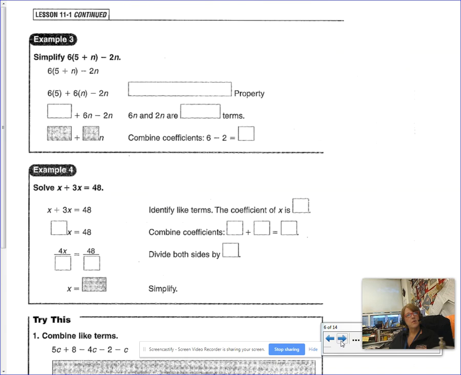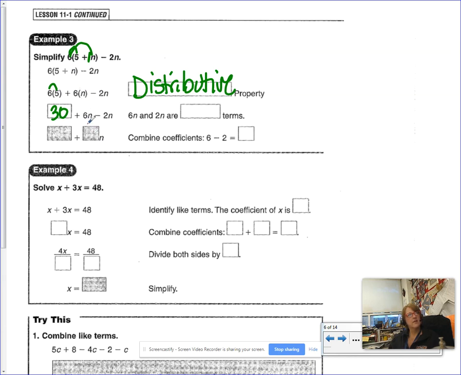Now, when we start thinking about distributive property and simplifying, here's what we have to do. Take 6 times the 5. They show you that right there. So that's 30. We have to take 6 times the n, and really there's a 1 in front of that n, so it's just going to be a 6n.